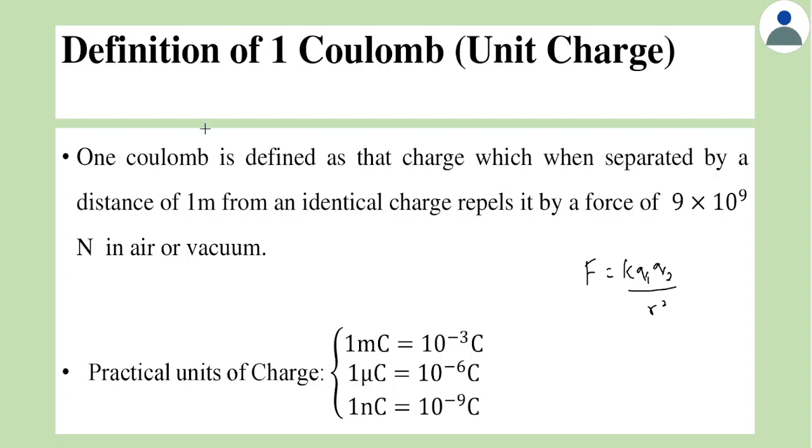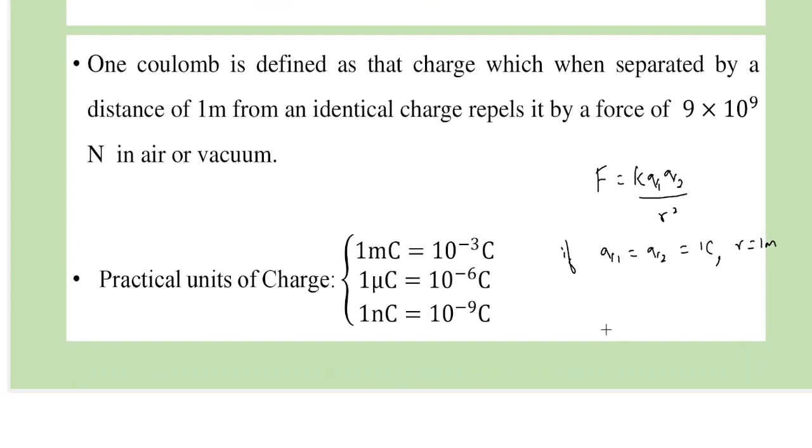From this definition, we should define what 1 coulomb is. If both Q1 and Q2 are equal to 1 coulomb, and the distance between the charges, R, is equal to 1 meter, then from this definition the force is equal to 9 into 10 power 9, and it will be 1 into 1, because both Q1 and Q2 are 1 coulomb each, by 1 square.